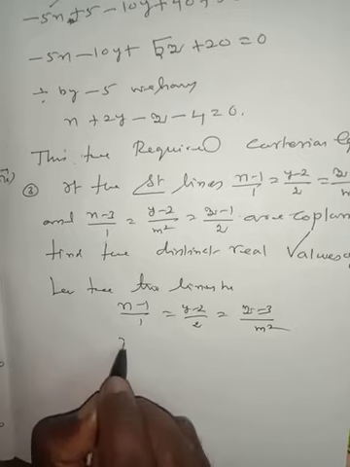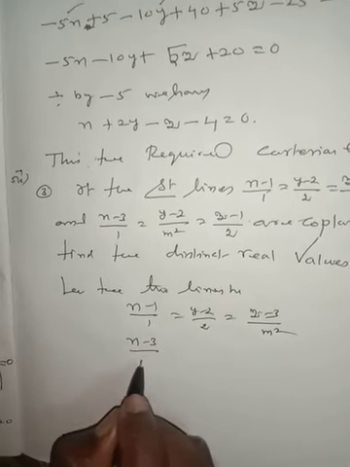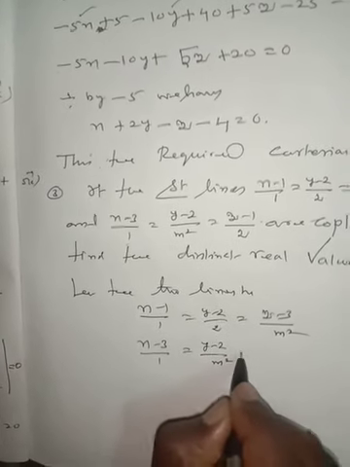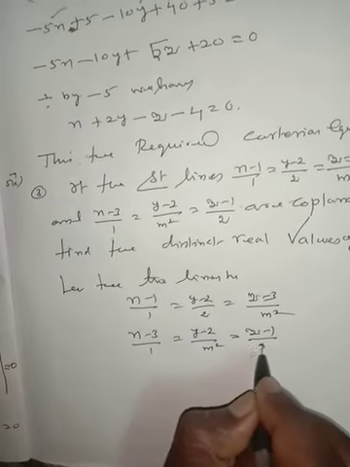Second line, (x minus 3) by 1 equals (y minus 2) divided by m square equals (z minus 1) divided by 2.